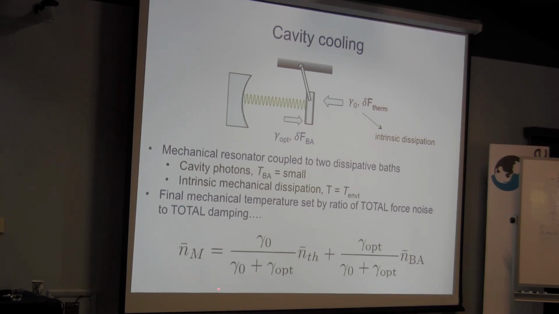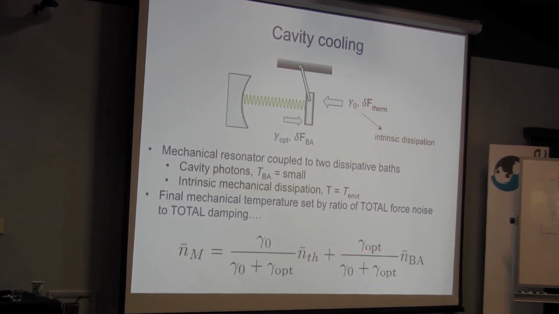What's the final temperature of the mirror? And again, expressed as a number of quanta. It's just a linear combination of what's this effective temperature of these cavity photons that we just talked about, this n bar back action, and then what is the environment temperature, the temperature associated with these intrinsic sources of dissipation. And again, the prefactors here, this is that optical damping rate we talked about, something that gets bigger and bigger the bigger I make this coupling, the more strongly I drive the cavity.